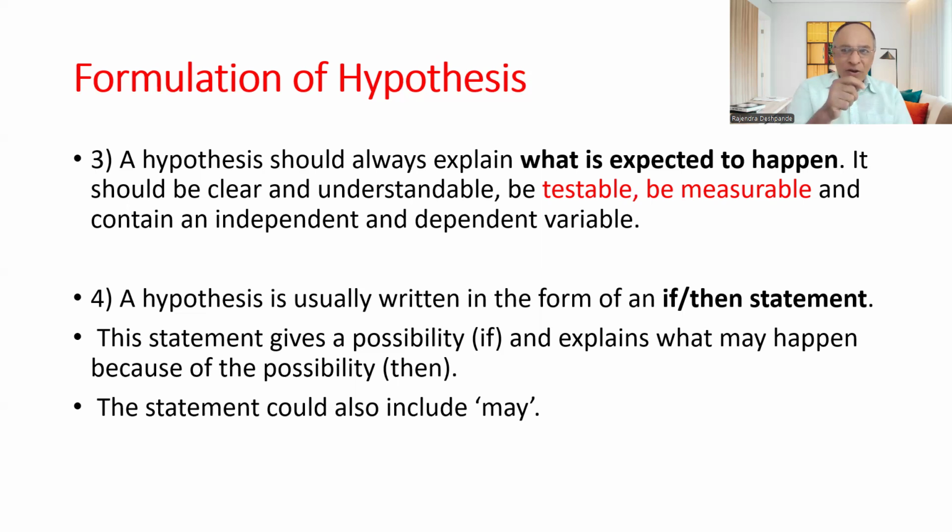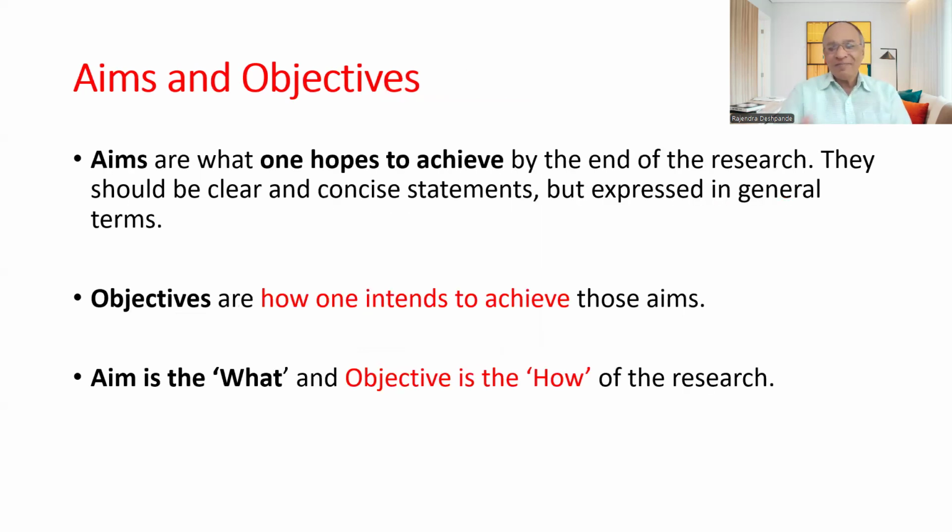For example, our low carbohydrate diet and diabetes mellitus. What we can say? If the patient takes the low carbohydrate diet, then blood sugar control will be better. So use of if and then.